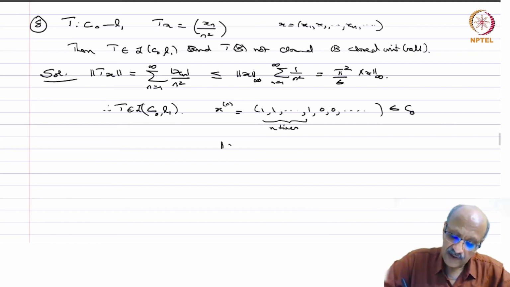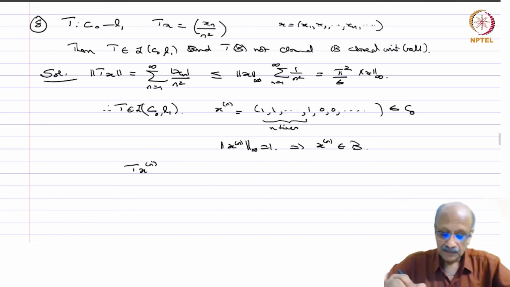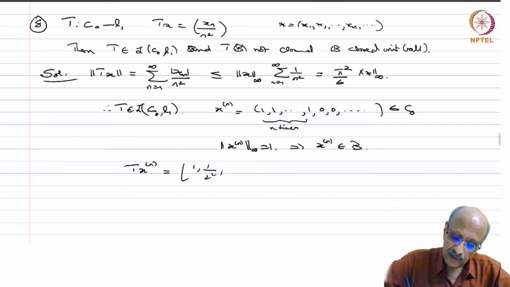And then norm xn infinity equals 1, therefore all the xn's belong to B. So now you look at Txn, which is equal to 1, 1 by 2 square, 1 by 3 square, 1 by n square, 0 and so on.